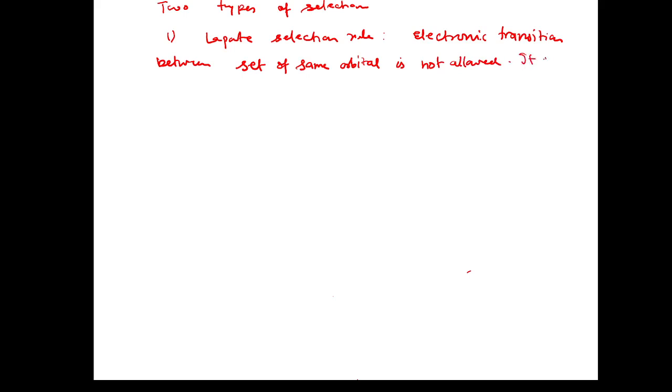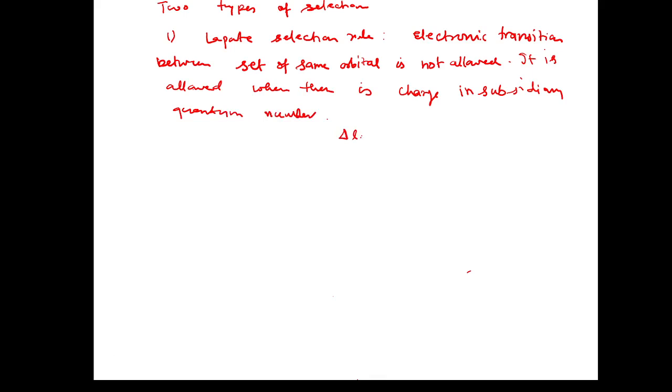It is allowed when there is a change in the subsidiary quantum number. Means if delta L is plus minus 1, allowed; delta L is 0, forbidden.